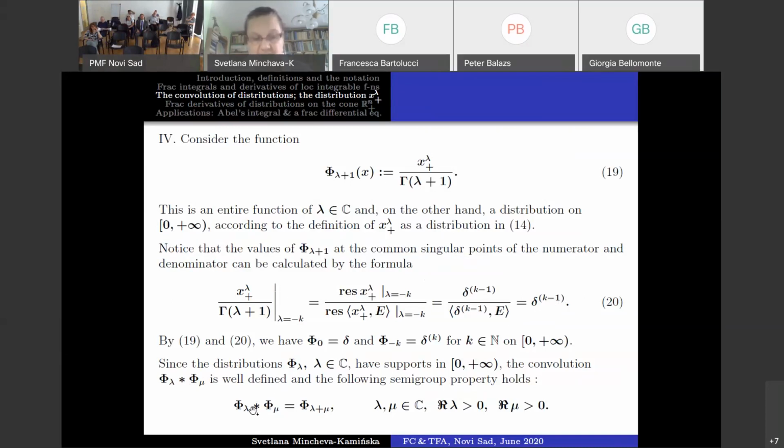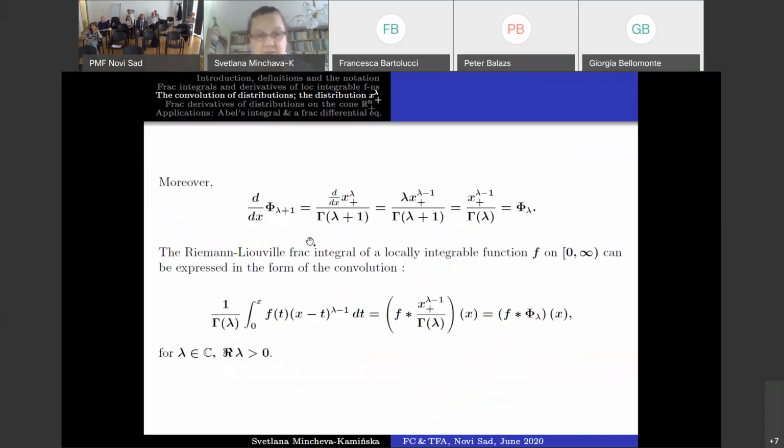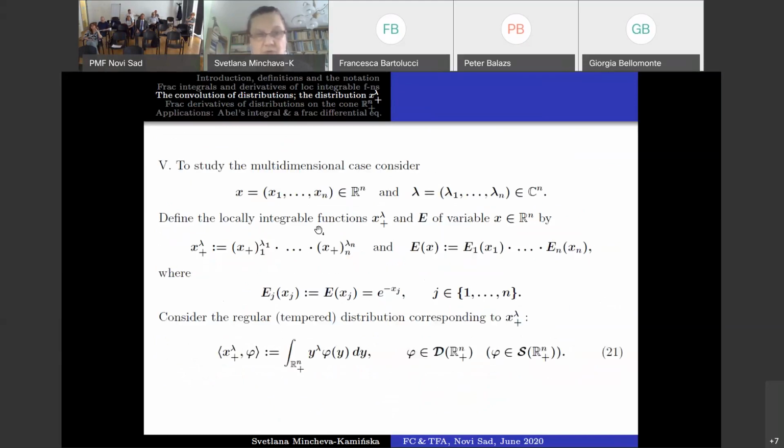Then we show that these functions, considered as distributions, also have the following semi-group property. We show that this property is also true in the multidimensional case, when the respective function E is the respective product of these exponential functions, and the respective value of the functional is considered as a multidimensional integral.